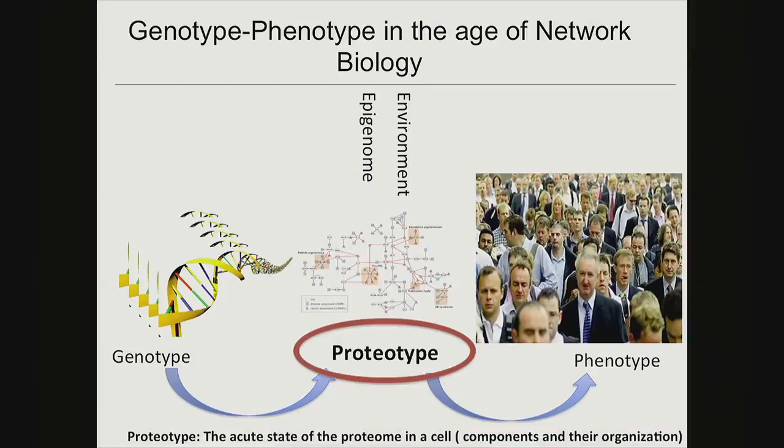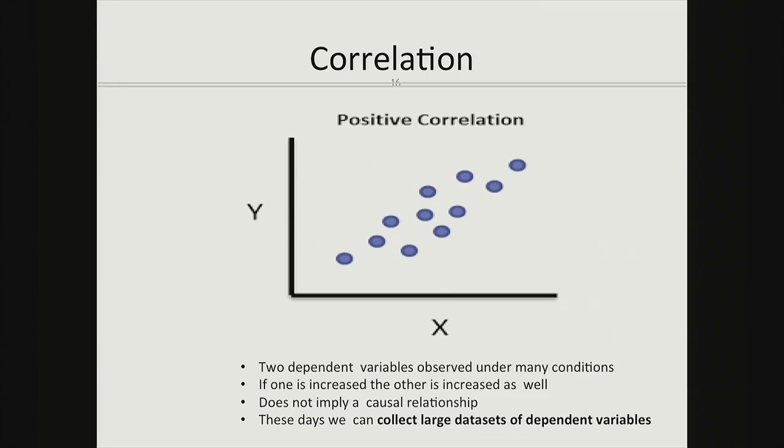And we would predict that the genotypic information and variability would be translated into this proteotype, and the proteotype as a whole, in contrast to a single protein usually, would determine the phenotype. So these might be modules, pathways, or different pathways acting in cooperation.